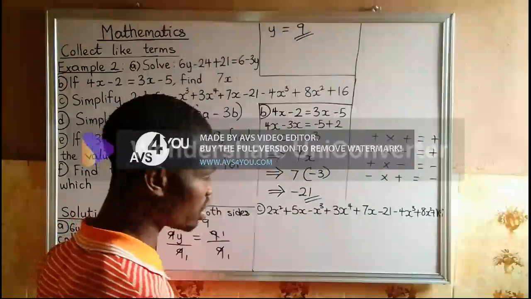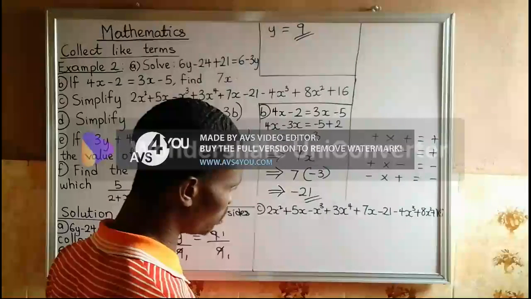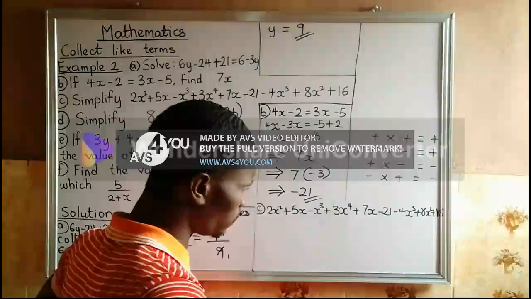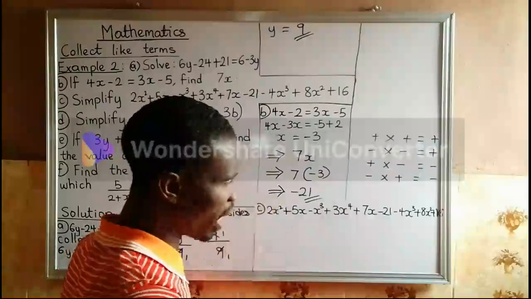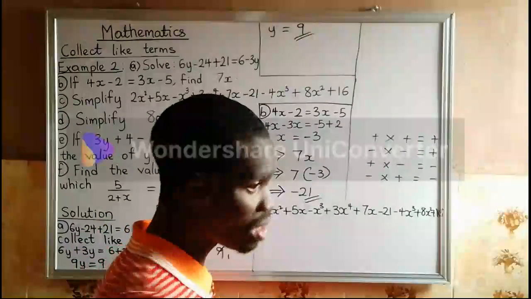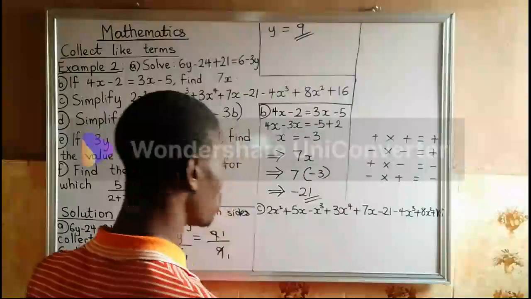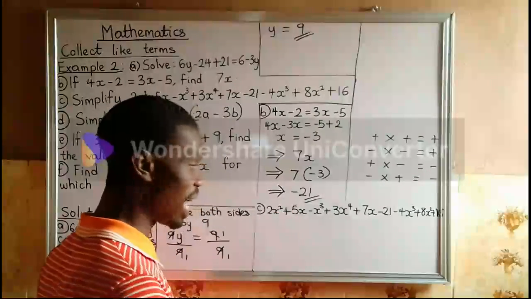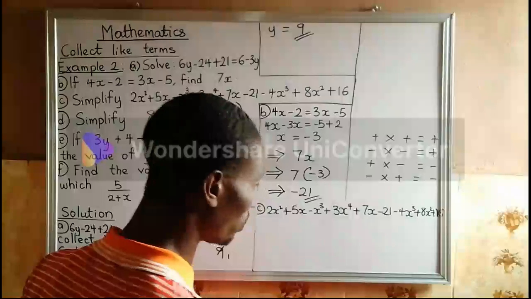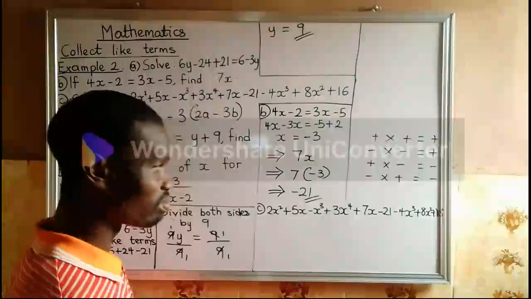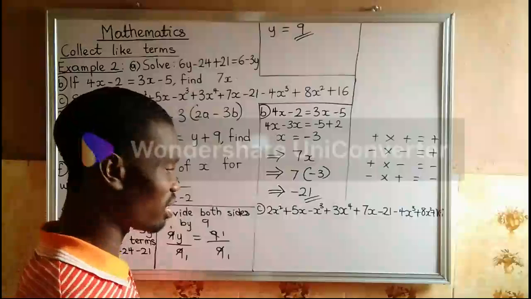If you notice, the variable x in this expression is raised to different powers, and that makes the terms different. So x squared is not the same thing as x. X cubed is not the same thing as x raised to power 4. They are different.